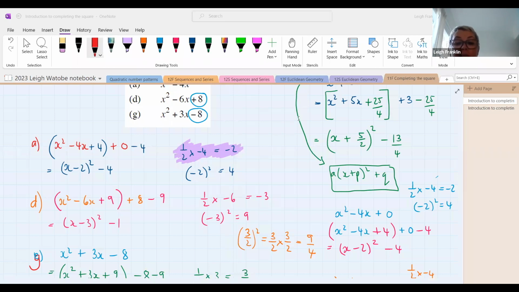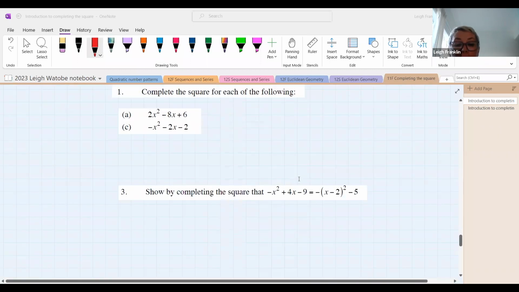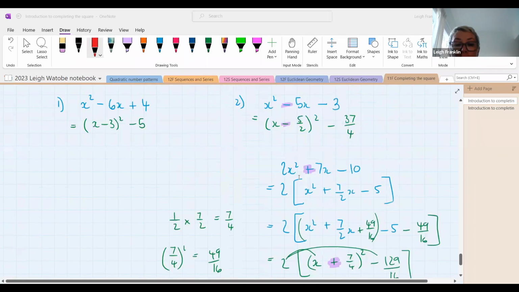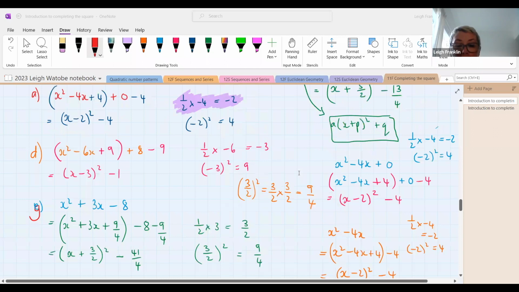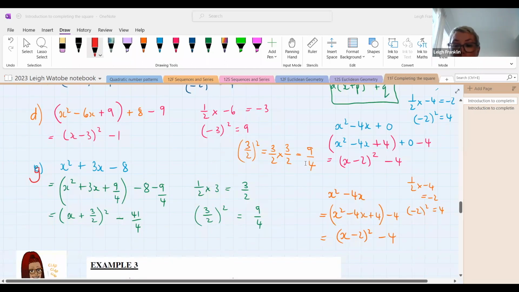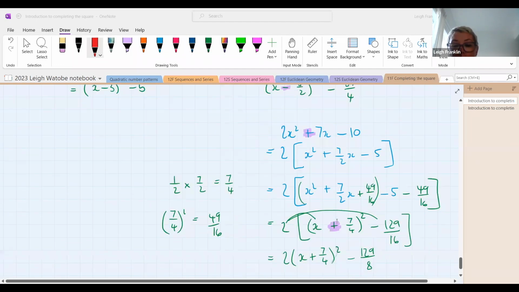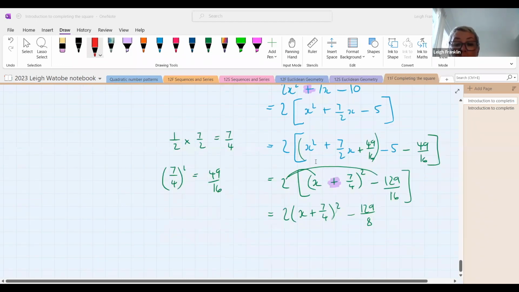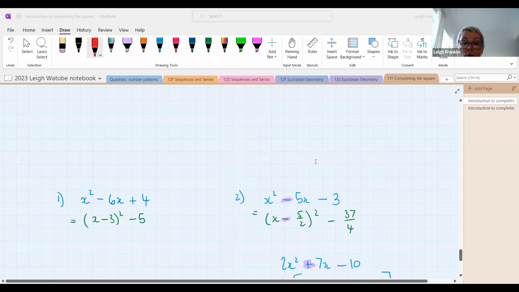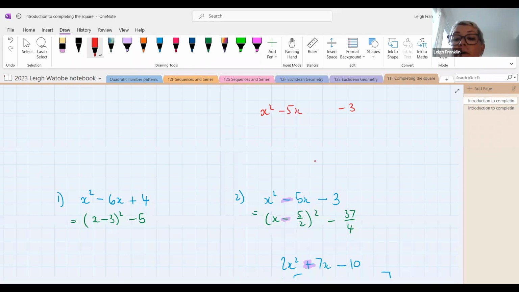Retabile, you get the 37 over 4. Where is it now? So this question over here. So the 37 over 4. So with this one over here, you've got x squared minus 5x, and then you're going to put the minus 3 over here. You're going to take half of negative 5, which is negative 5 over 2.